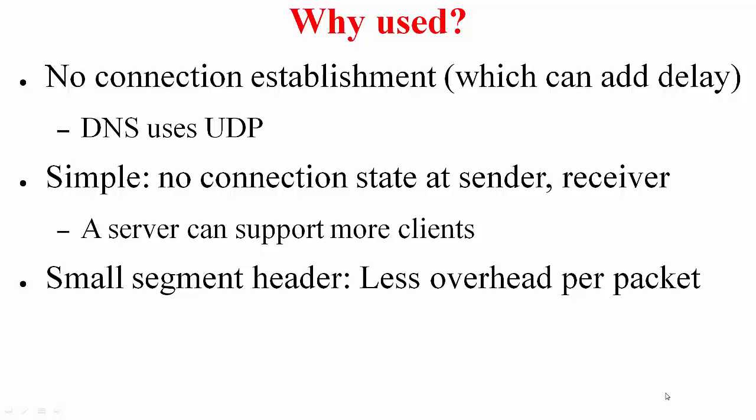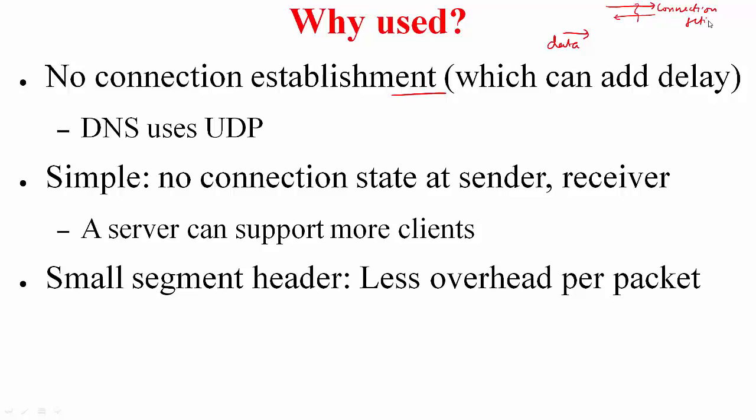The fact that there is no connection establishment, which can lead to delay, by which I mean that before you start sending data at the transport layer, both the sender and the receiver exchange some information to establish the connection, a little bit like what we saw in the virtual circuit networks. So this connection establishment can take up some time.